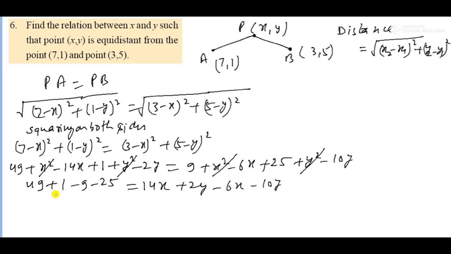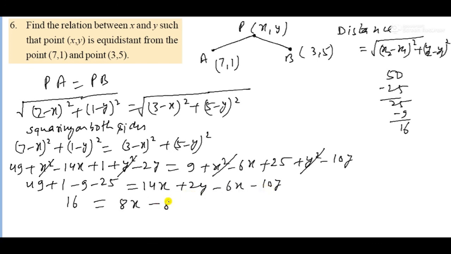Now first of all, do the squaring on both sides. So what will happen? It is (7 minus x) whole square plus (1 minus y) whole square equals (3 minus x) whole square plus (5 minus y) whole square.